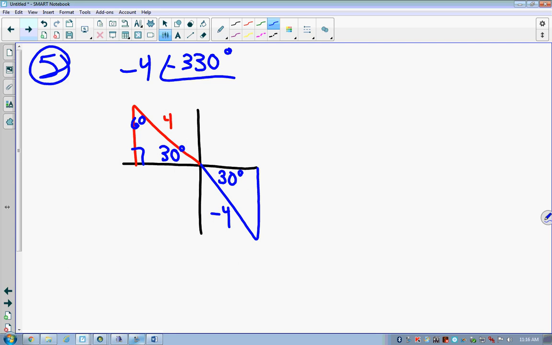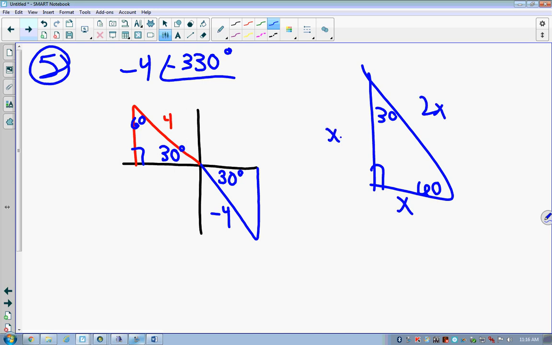Wait. 2. That is right. Okay, we have x, we have 2x, we have x times radical 3, right? So it'd be half of. So 2 and 2 radical 3, but that one's negative, right? Yeah. So my x coordinate goes first, so negative 2 radical 3i plus 2j.